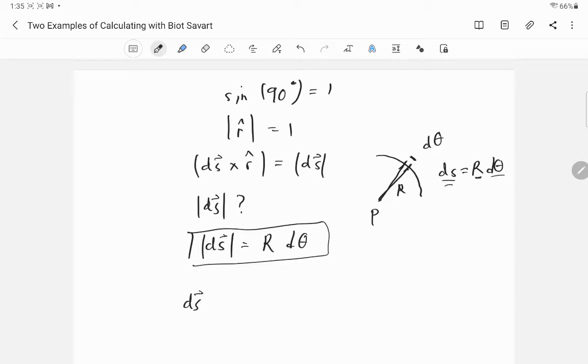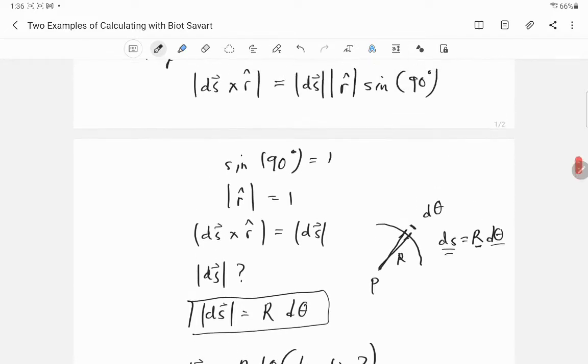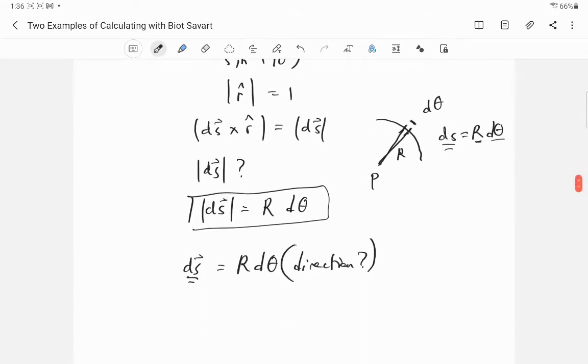But what about the direction? Actually, sorry, I want to know the direction of ds cross r hat, not the direction of ds, excuse me. So what I really want to know is what's the direction of ds cross r hat.